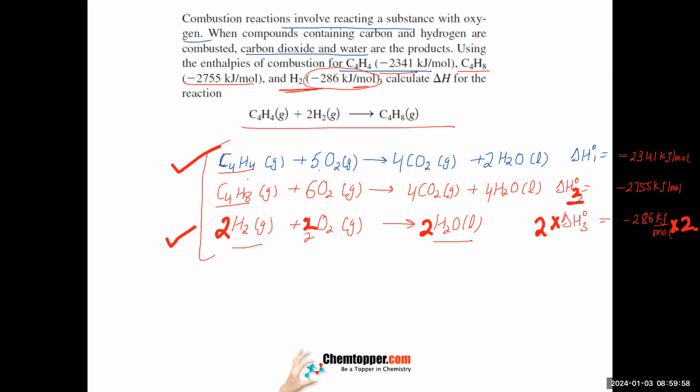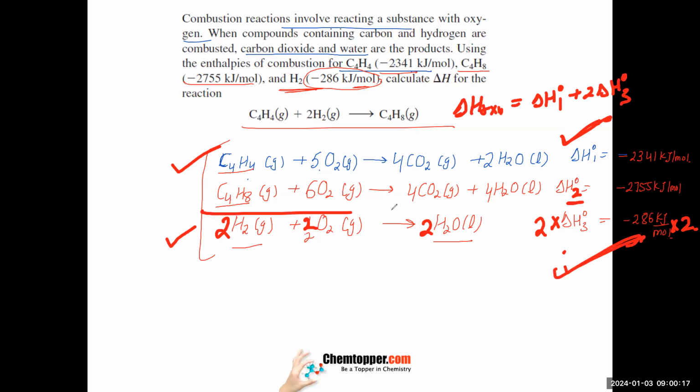It will become negative. So, what's the delta H reaction? You have to write down properly. Delta H reaction will be delta H naught 1, this value as such, plus 2 times delta H naught 3, this value as such. But this equation you flipped, so minus delta H naught 2.